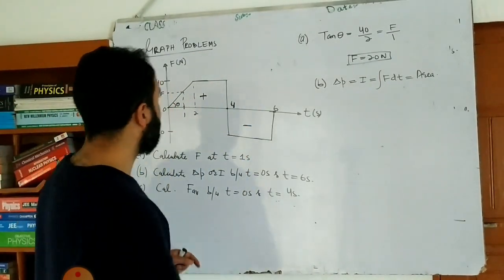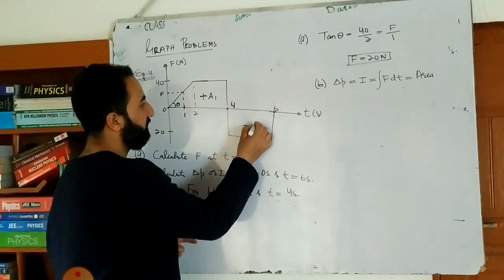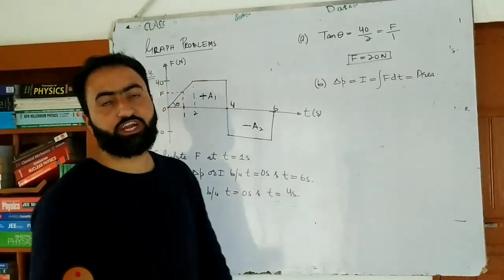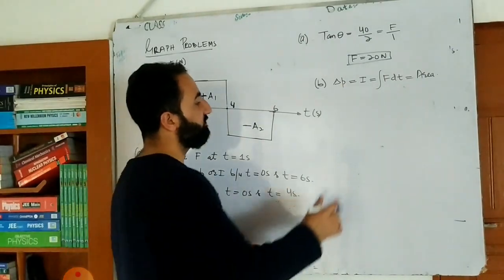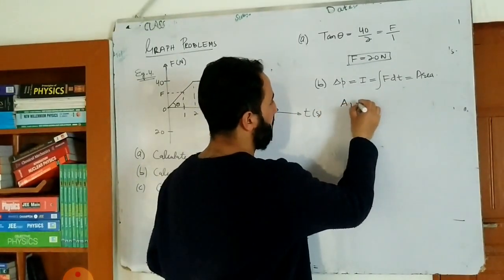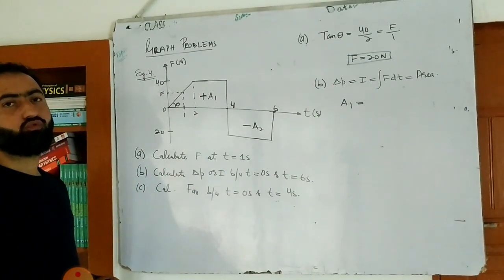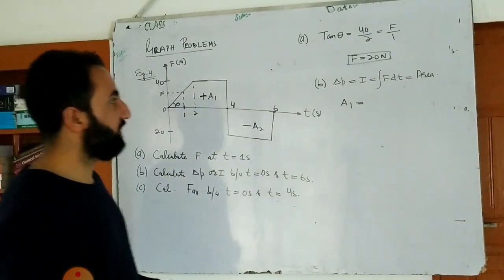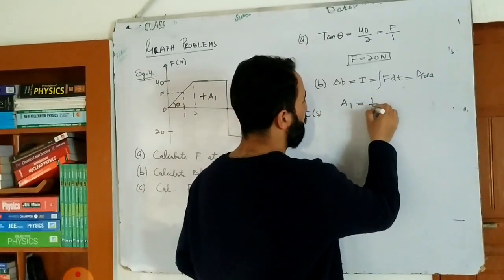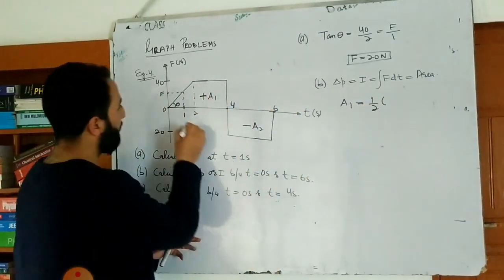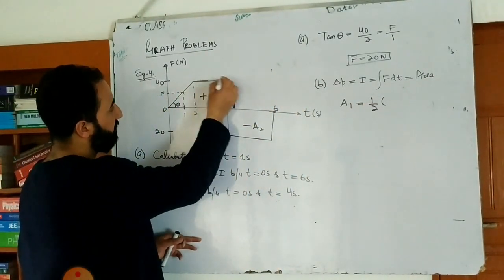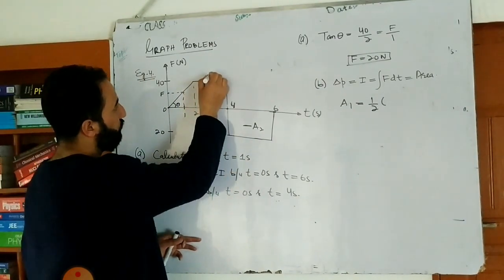So first of all, let's calculate the area. Suppose this here A1 and this here A2. Let's calculate A1 and A2 separately. So first of all, let's calculate area A1. A1 is a trapezium. So again, it will be equal to 1 by 2 sum of parallel sides multiplied by perpendicular distance. Parallel sides are this, that is 4, and this, that's 2, because 4 minus 2 is 2, so ये है 2.